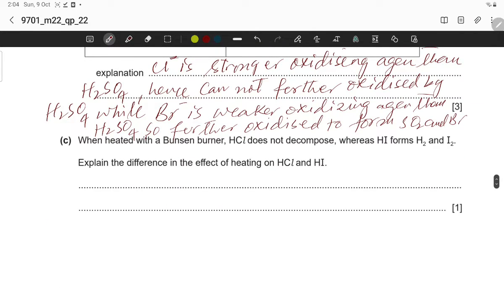When heated with a Bunsen burner, HCl does not decompose, whereas HI decomposes to form H2 and I2. Explain the difference in the effect of heating on HCl and HI. As we discussed earlier, down the group reactivity decreases due to increasing atomic radius and increasing shielding effect.